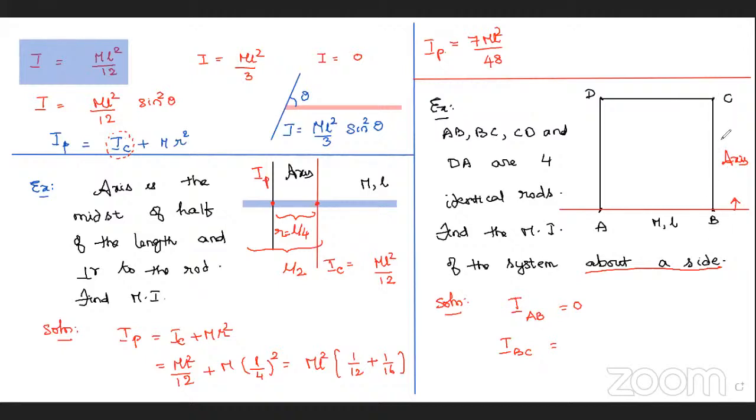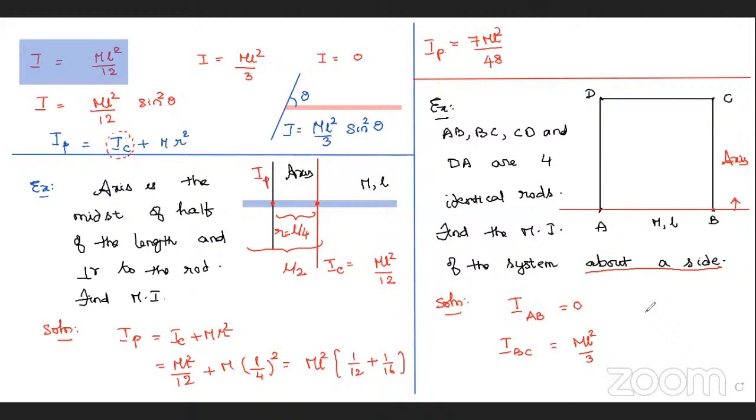Yes, correct. This is passing through one end of the rod BC. Passing through one end of the rod, the formula is ML square by 3. So this is ML square by 3.